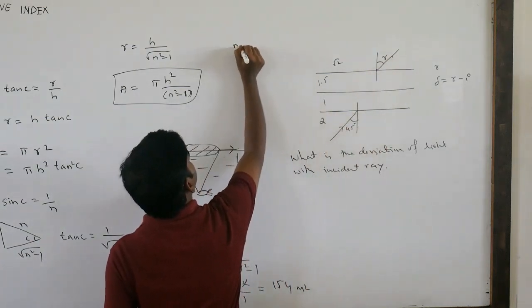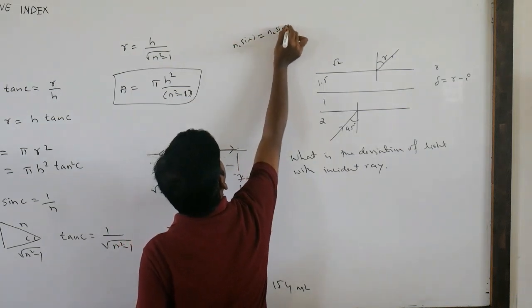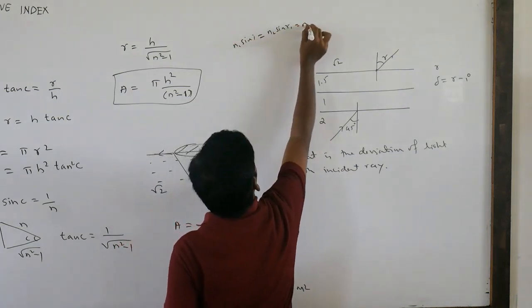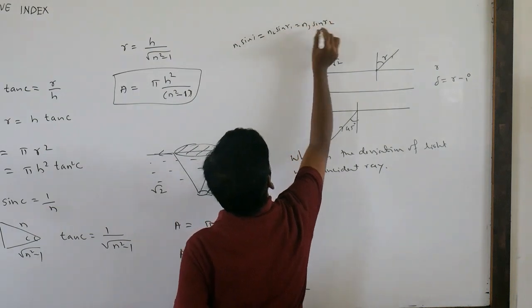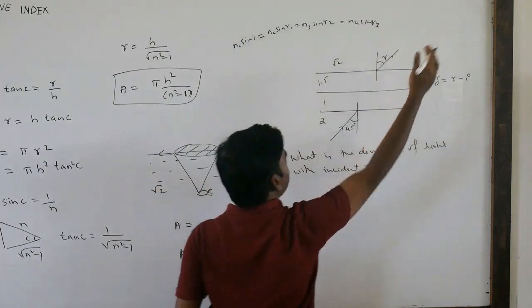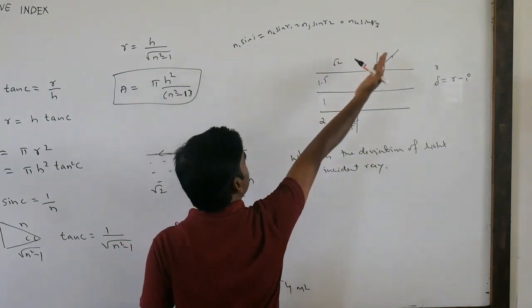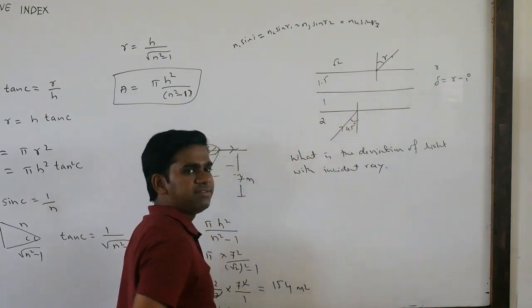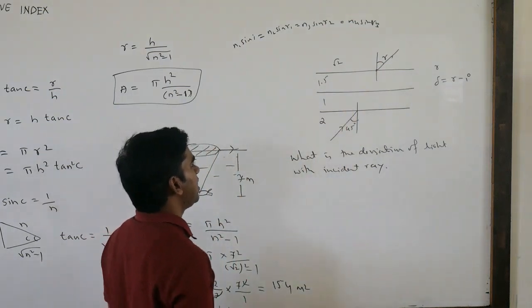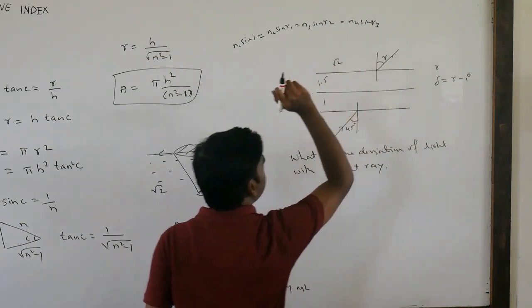We already know N1 sin i equals N2 sin r1 equals N3 sin r2 equals N4 sin r3, like that. So in that case we can directly equate the final and initial refractive indexes, or steps, for the incident refractive index and the refracted refractive index.